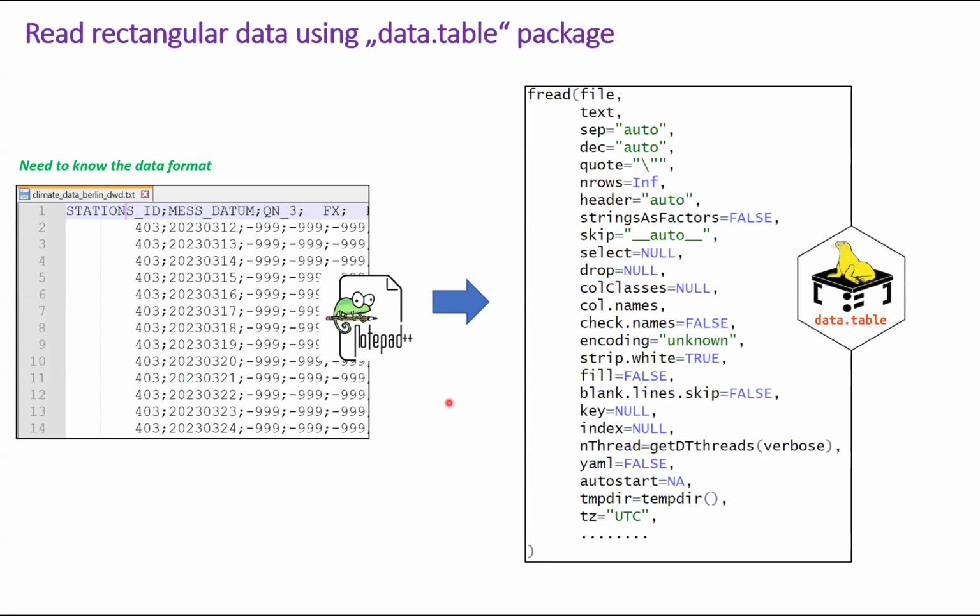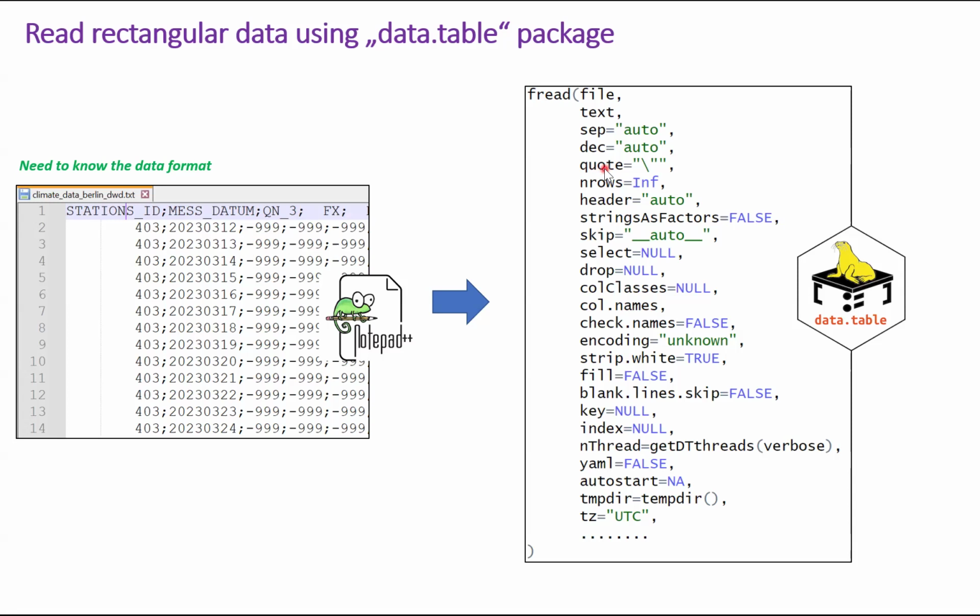So to read the data, first we need to understand the data format. So we should know the data format. For example, here with small data, I can open with a text editor and see the format. Here, the first row is the header, and the separator is a semicolon, and so on.